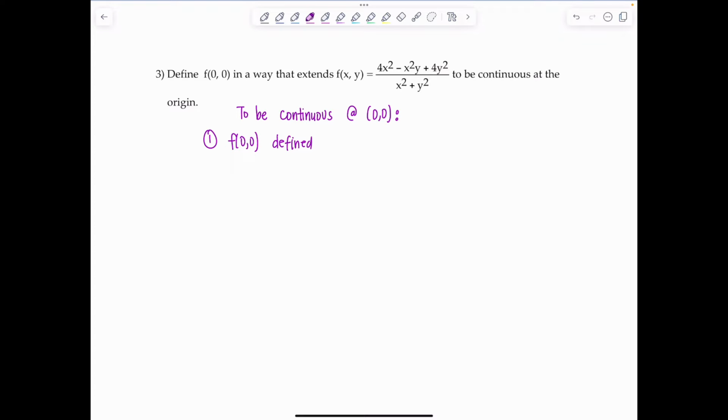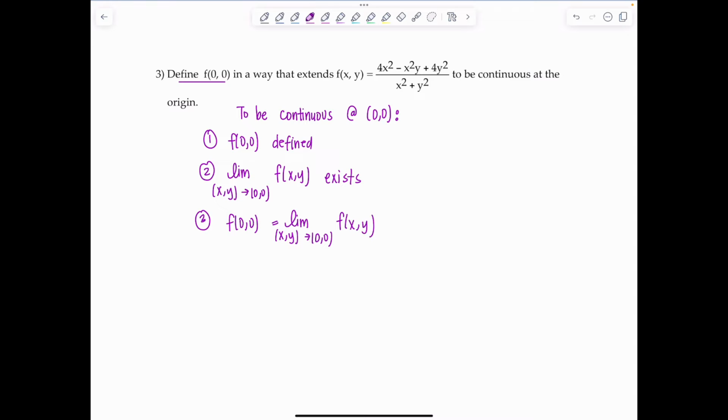Well, we're being asked to define it, so that's still up in the air. 2, the limit as x, y approaches 0, 0 of f of x, y exists as a finite number. And 3, f of 0, 0 is equal to the limit as x, y approaches 0, 0 of f of x, y.